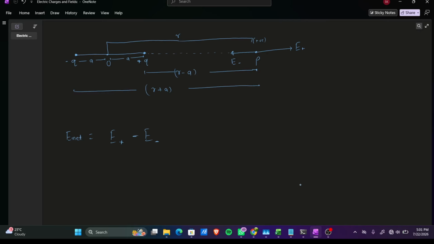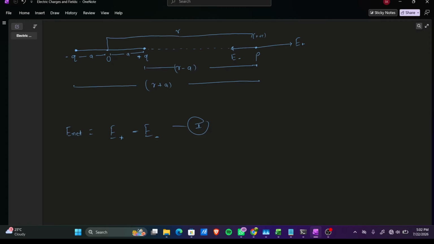Now first of all, we will find out the electric field due to this positive charge. The distance is r minus a, so it is 1 upon 4 pi epsilon naught, q upon r square, but instead of r square, the distance is r minus a, so q upon (r minus a) whole square.